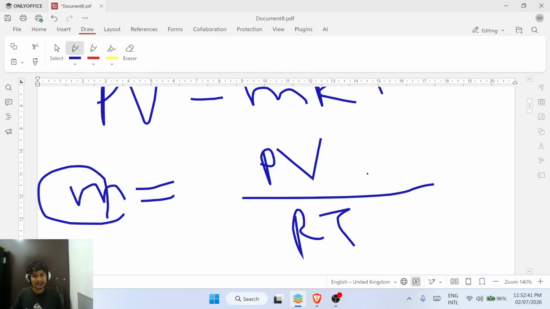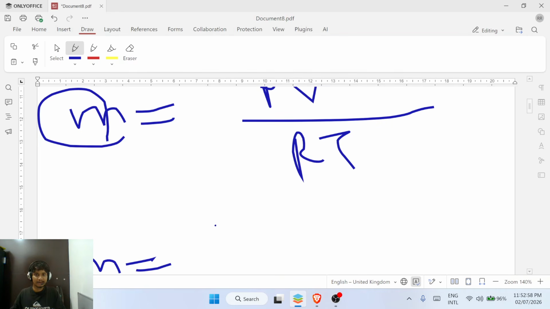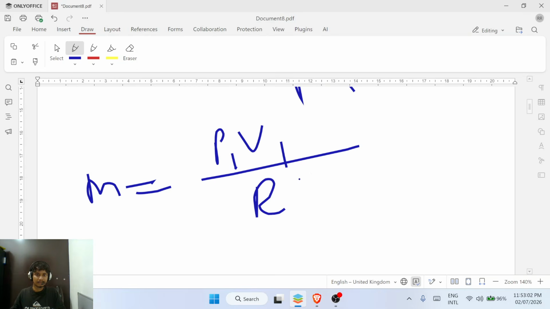Here we don't know V2. They have mentioned the initial volume, and we have to find the final volume. Therefore we can use only P1, V1 and T1. M is equal to P1 V1 by R T1.